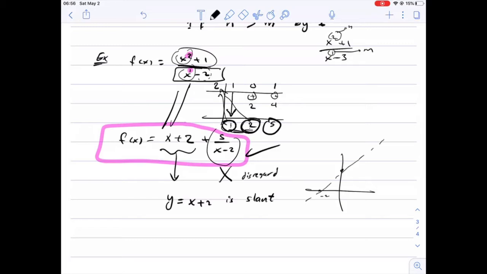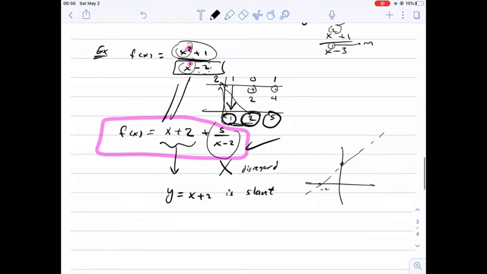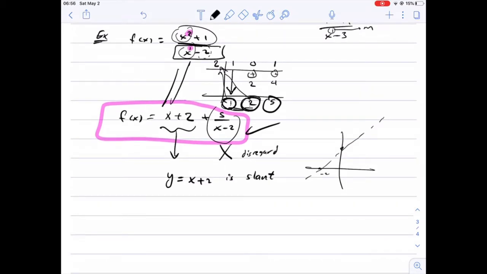So this line is another asymptote. This is called oblique or slant. So now we have the following asymptotes: horizontal, vertical, and slant. Some of them may exist, some may not exist, and we have holes sometimes. That depends on the details of the rational function.